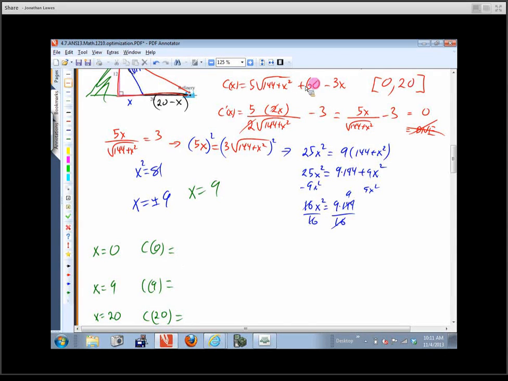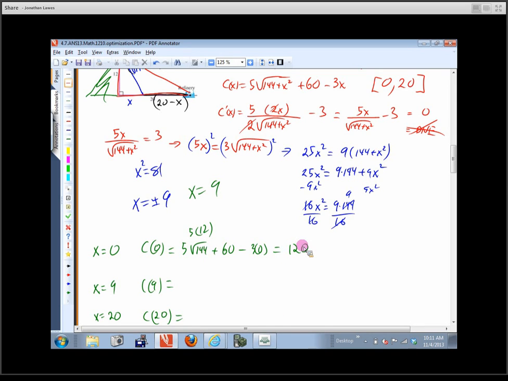Here's the cost function right here. So if I plug in a 0, I get 5 times the square root of 144 plus 60 minus 3 times 0. So this is going to be 5 times 12 plus 60. 60 plus 60, 120.